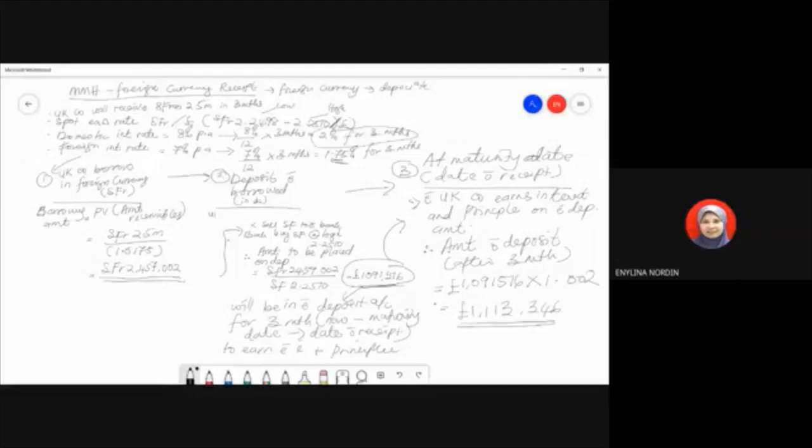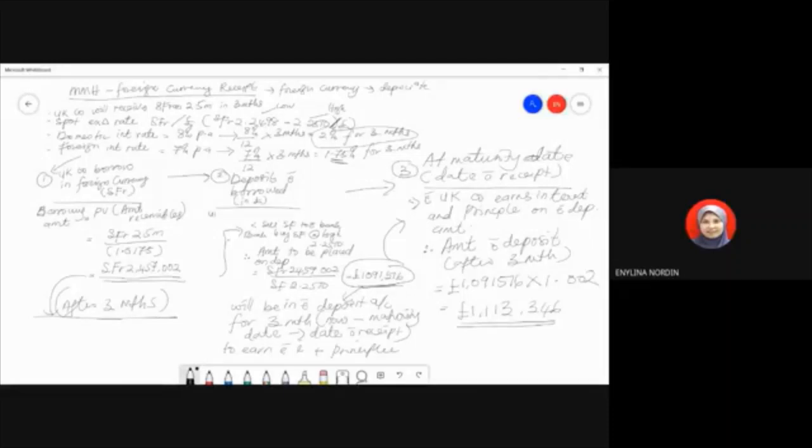Okay, so what's next? At maturity date, this is the amount of deposit. But what about the borrowing amount? After 3 months, what happened to the borrowing? The borrowing is in Swiss franc.